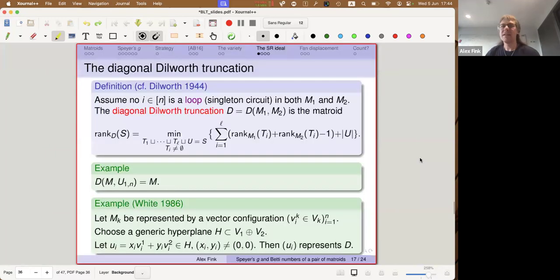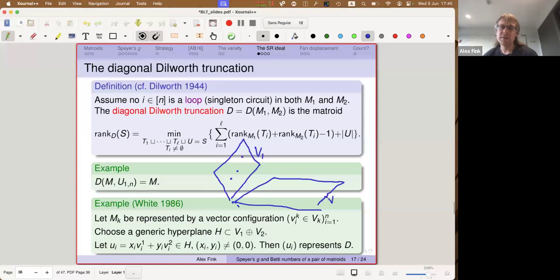But what you should think is the representable case. So what's going on? If I represent my two matroids by vector configurations, so I have some subspace V1 in which M1 is represented by some vectors, and I have some subspace V2 in which M2 is represented by some vectors, the same number of vectors because they have the same ground set. Then what I'm doing is taking all lines between, I take the direct sum, that's what this picture is meant to say.